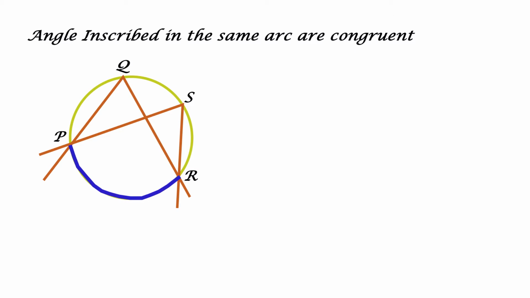Both angles have the same arc PR, therefore both angles are equal in measurement, or congruent to each other. So we write: measurement of angle PQR is congruent to measurement of angle PSR.